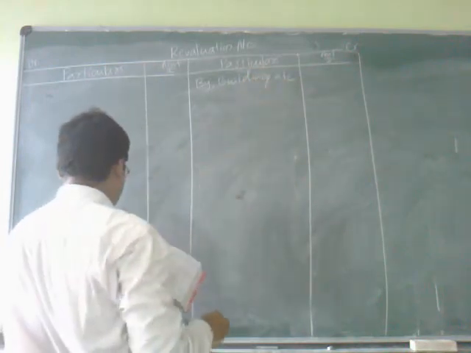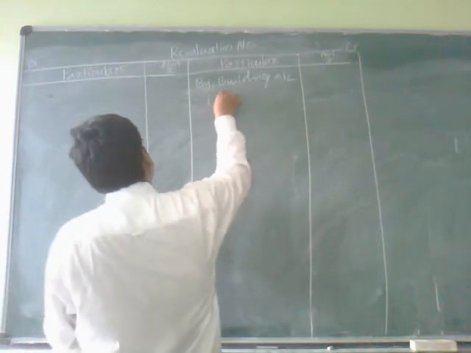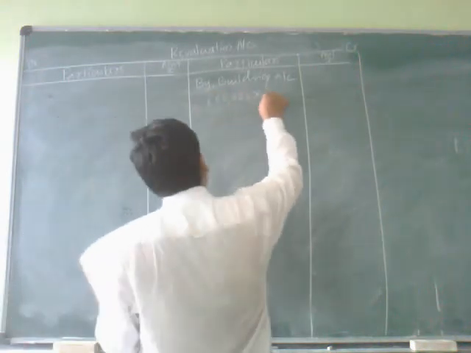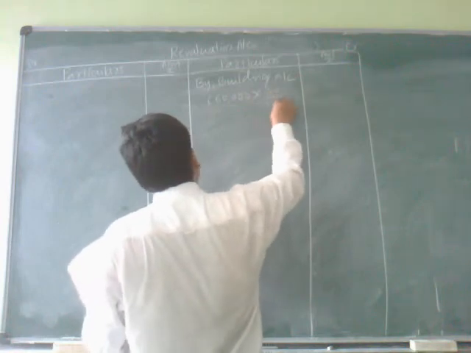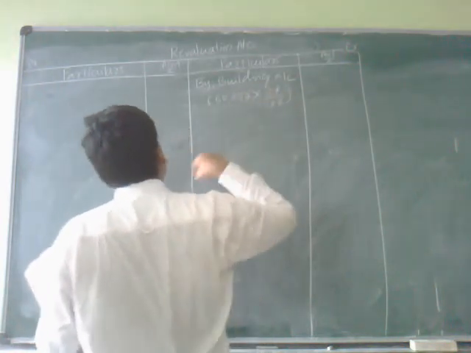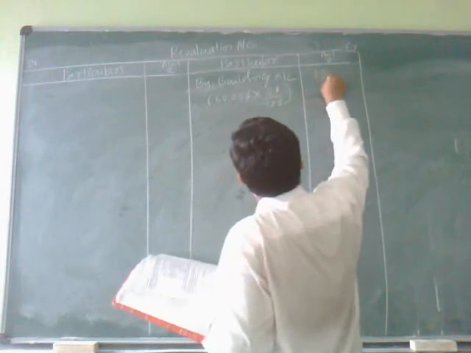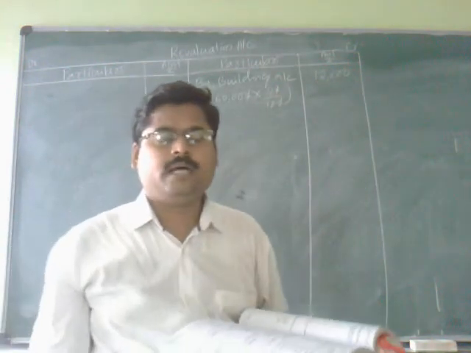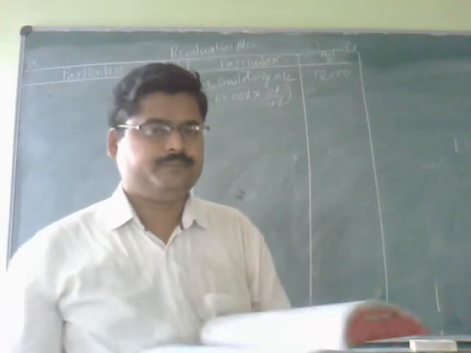What is the value of the building? 60,000 and 20%. 12,000 I have recorded at the credit side.